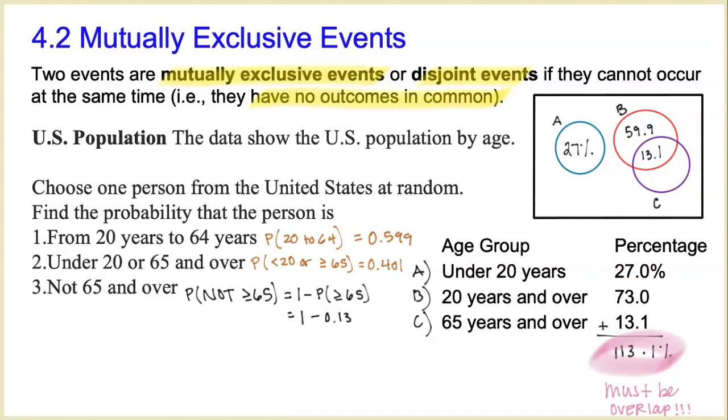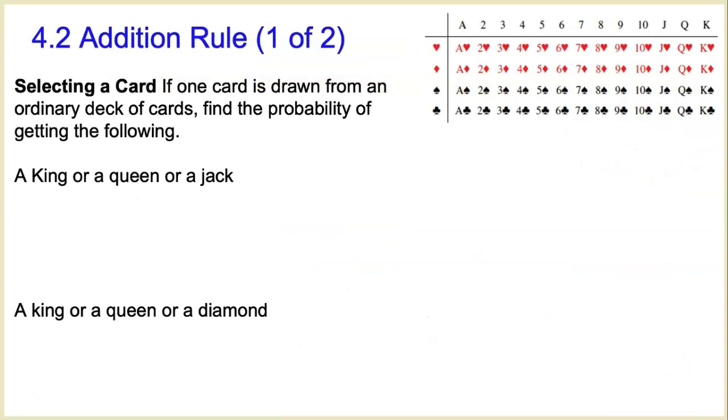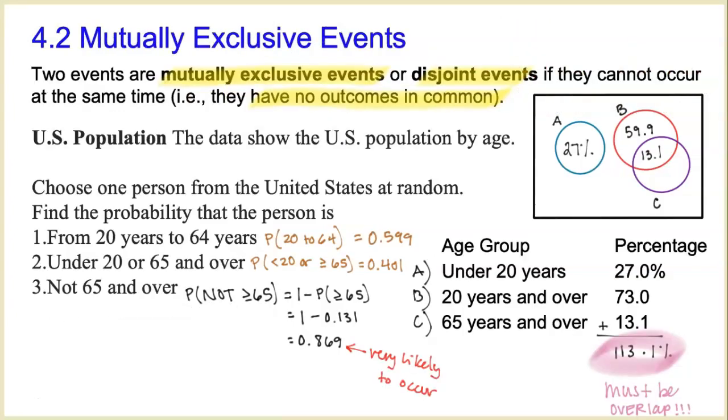So 1 minus that 0.13 is 0.869, which is very likely to occur, right? If we selected an individual at random, then there's about an 87% chance that they're not over the age of 65.